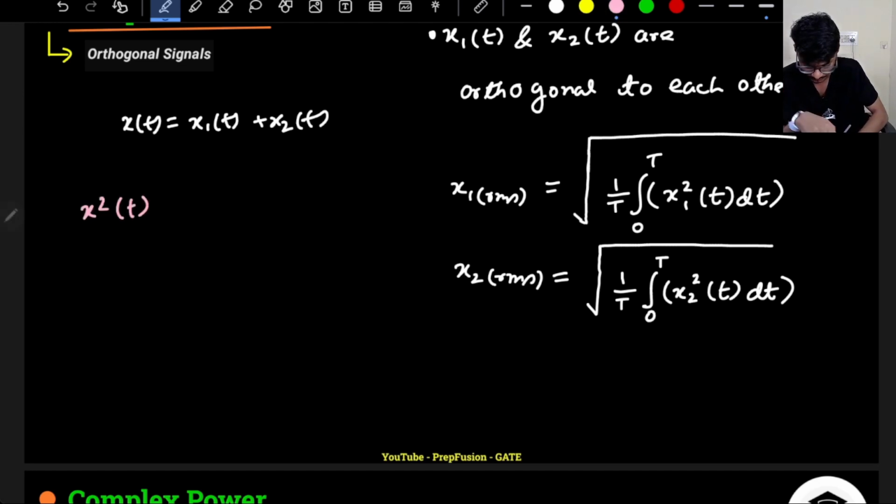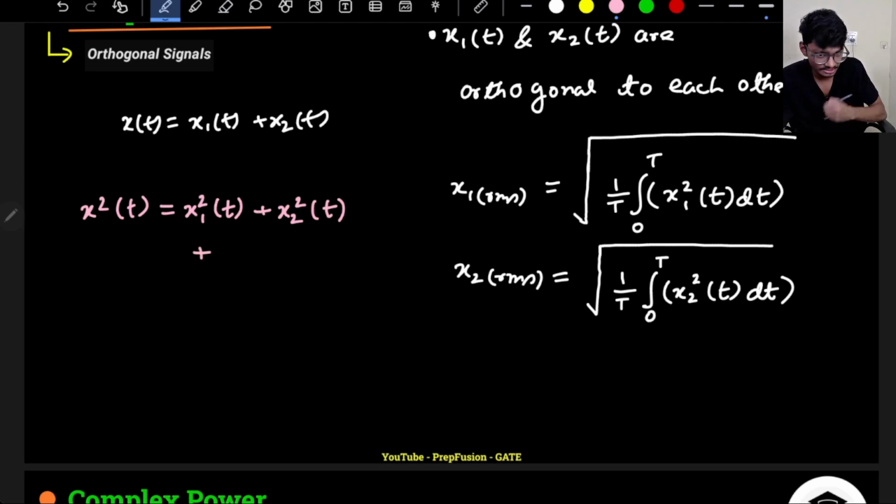This will be x square of t equals x1 whole square of t plus x2 whole square of t plus, of course, 2ab, so 2 x1 of t into x2 of t.